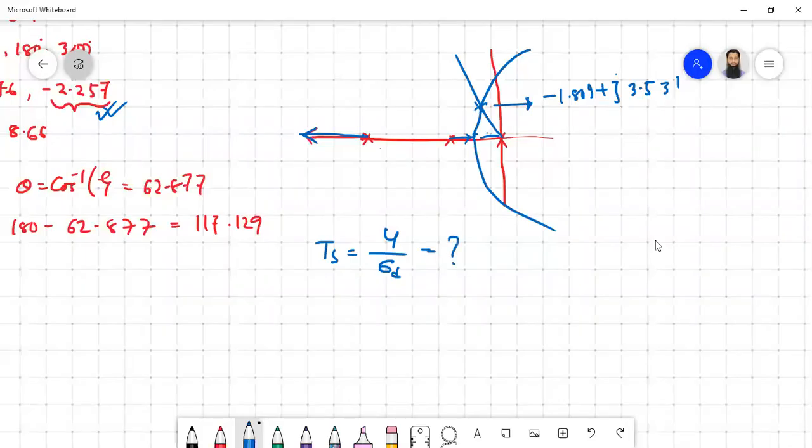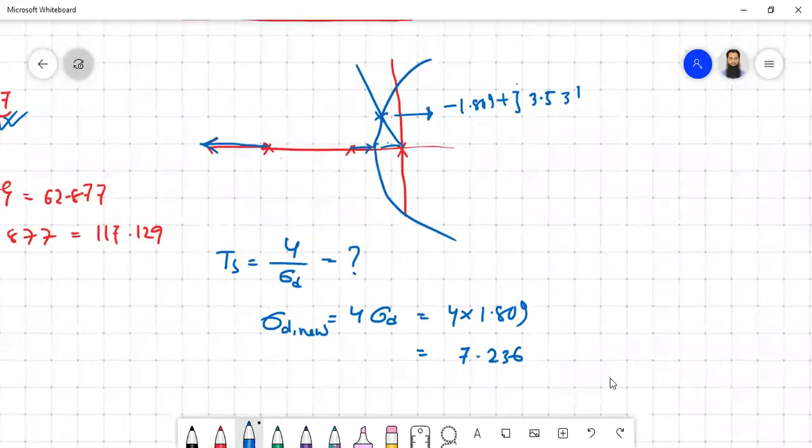So doing the calculation is actually not that necessary. You can directly say that sigma d new definitely has to be 4 times sigma d existing. So basically 4 into 1.809 will give you 7.236.